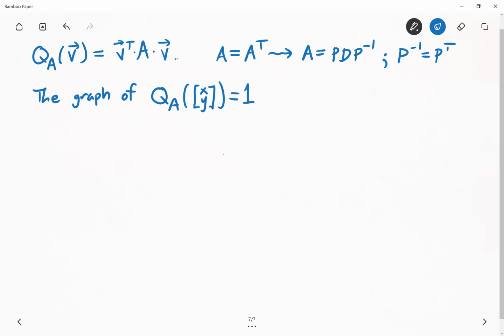The graph of this equation is the set of points (x y) that satisfy the equation.